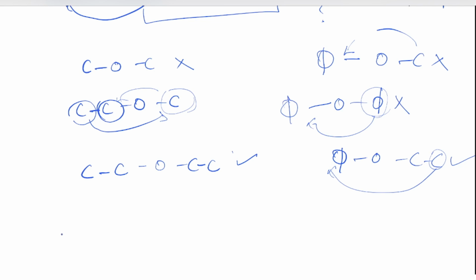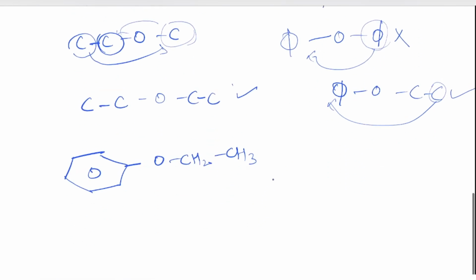So let's take another example. Let's take this compound. Will it show meta-isomerism or not? We will draw different meta-isomers for it. We have the benzene ring on one side and we have the ethyl group on the other side.